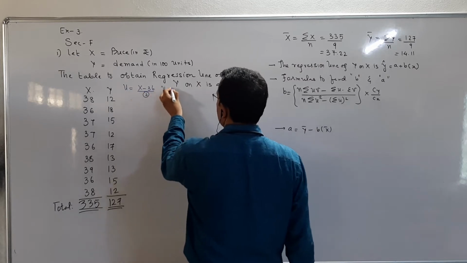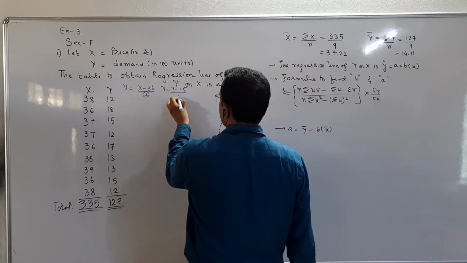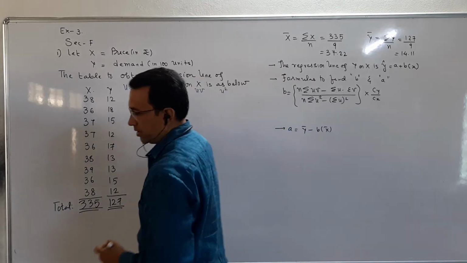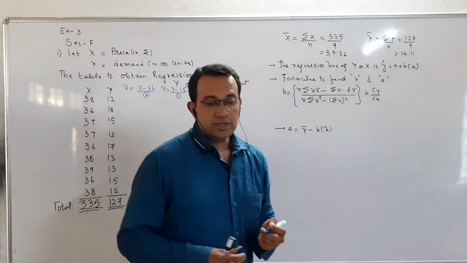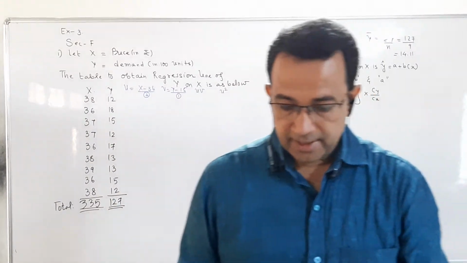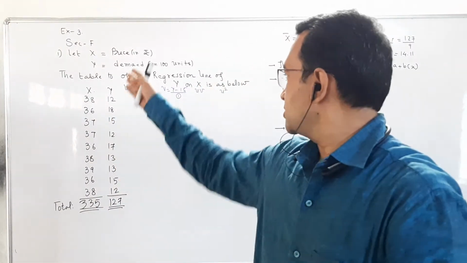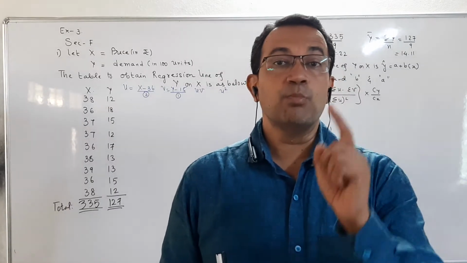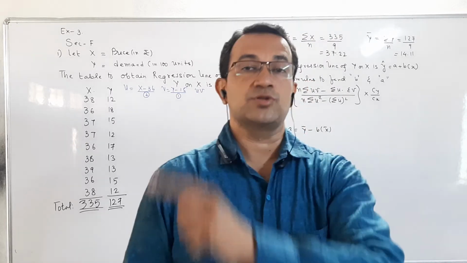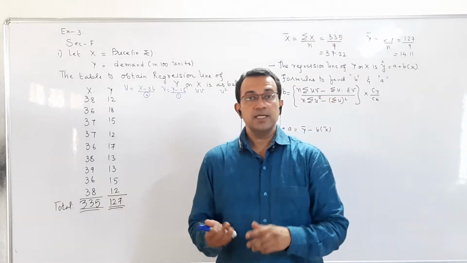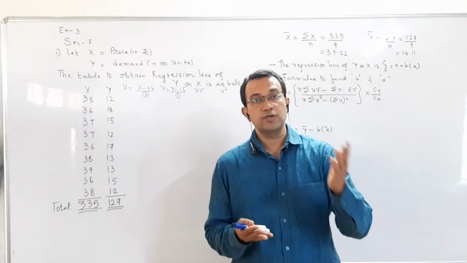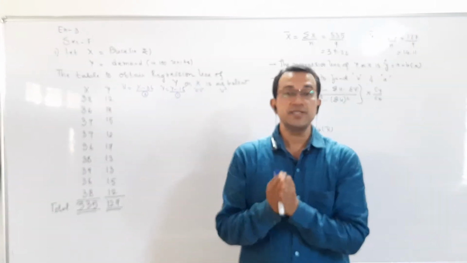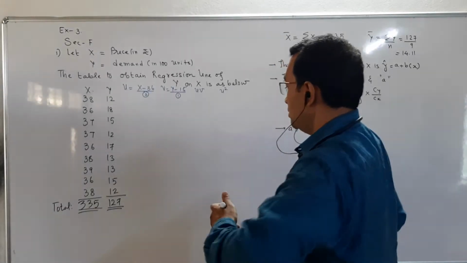We can understand V is equal to Y minus 15 upon 1, then UV and U square. Students, why did I not take 37 and why I took 36? Because there are three observations of 36 and this will give us more number of zeros and calculations will be easy. Even if you take 37 or even 38, your final answer, students, is going to remain same.